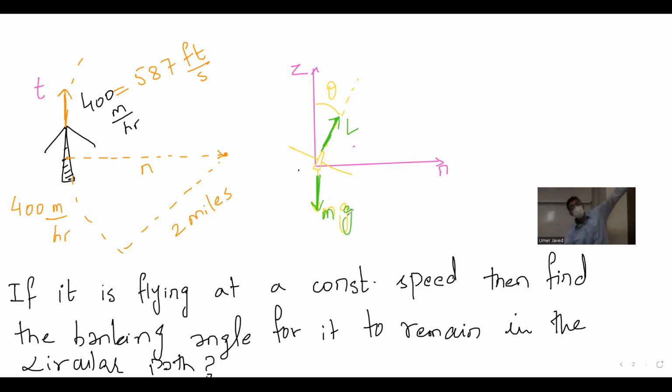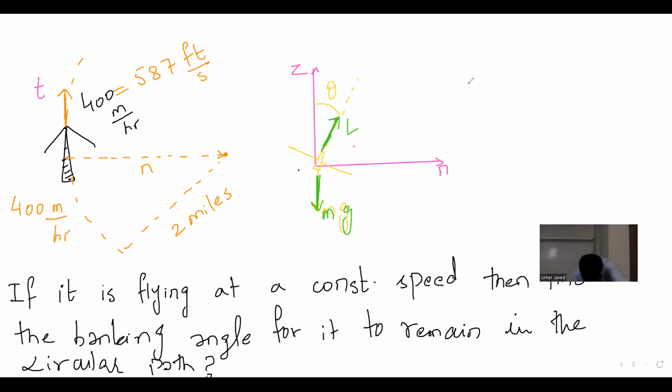So you have to bank the plane for it to remain in the circular path. Honestly, if you in an exam setting make these two diagrams, the question is already a game over. Summation of forces in the tangential direction is equal to m a_t. What is the tangential acceleration? 0, because it's constant velocity in the question.